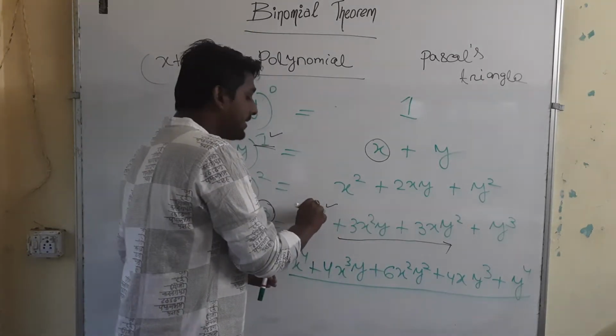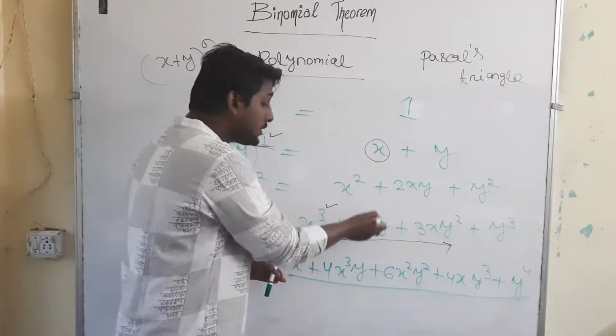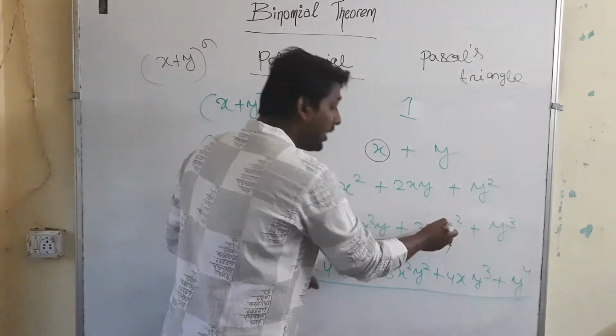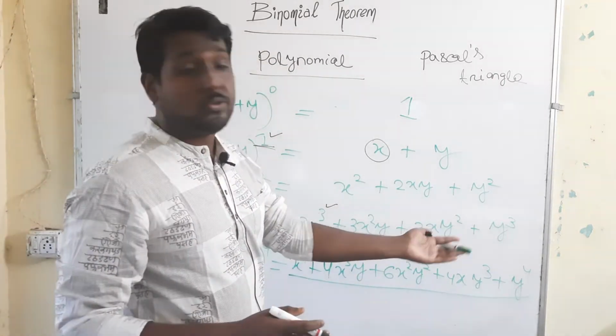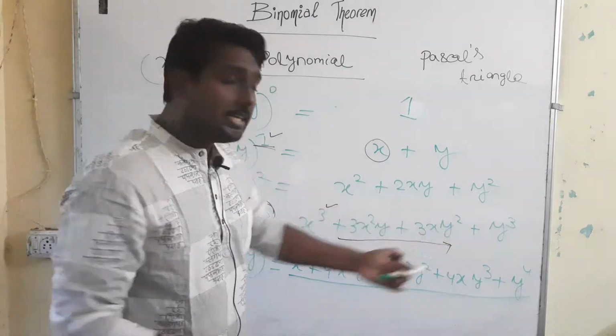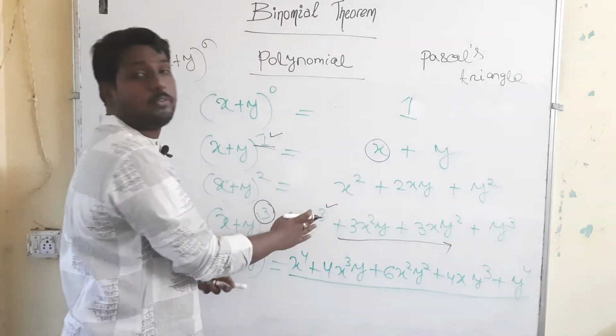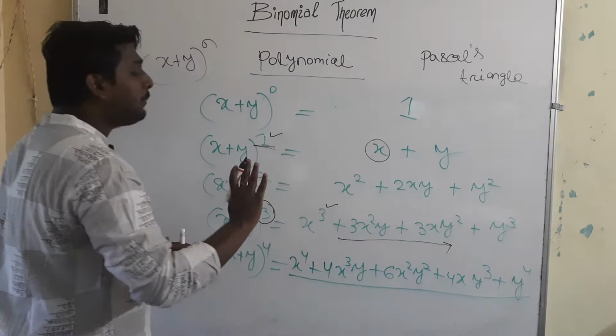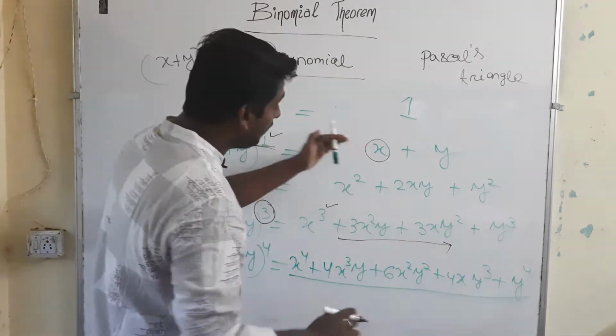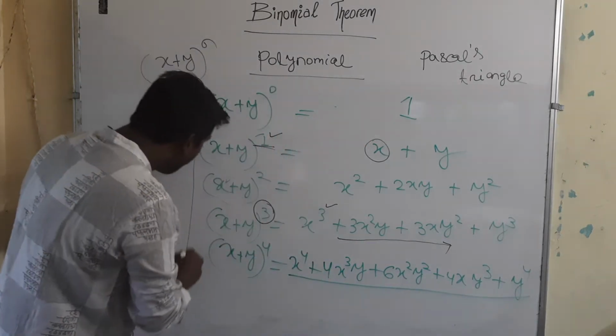Means the power of x is 3 over here, then 2, then 1, and down the line as we move, the power of x decreases and the power of y increases. That phenomenon goes on through all the formulas.